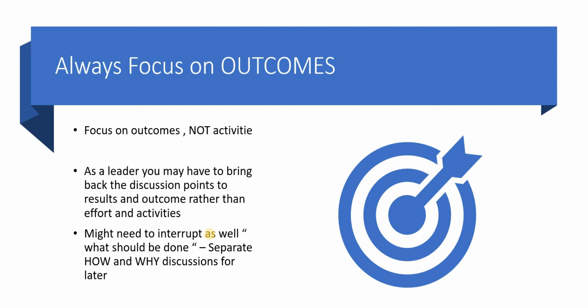However, as a leader, you must have complete focus on the outcome, the consequence, and the results. Often there will be times when you as a leader will have to bring the discussion back to the results rather than discussing how, why, or what the problems are.